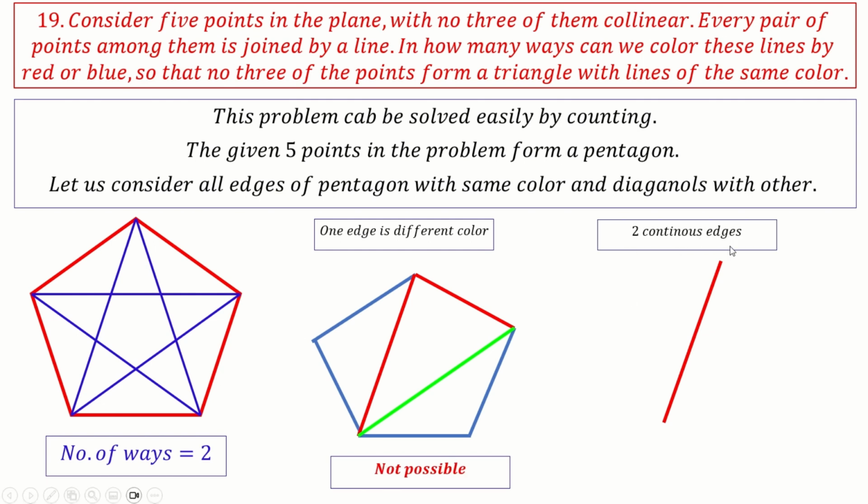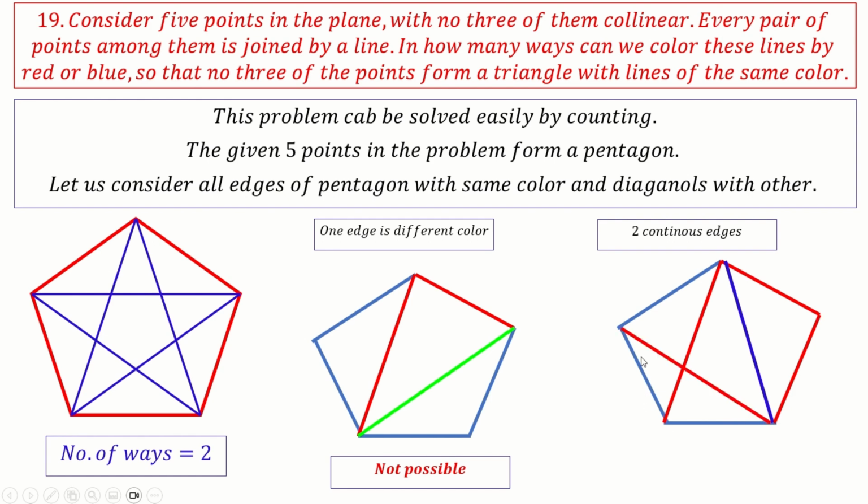Next, two continuous edges in the same color, like this: two red, and the other three blue. Let's see the obvious edges. This one is red because these two are blue. This has to be blue because these two are red. Third, these two are blue, so this has to be red. Now this has to be blue because this is red and this is red. What should be this color?